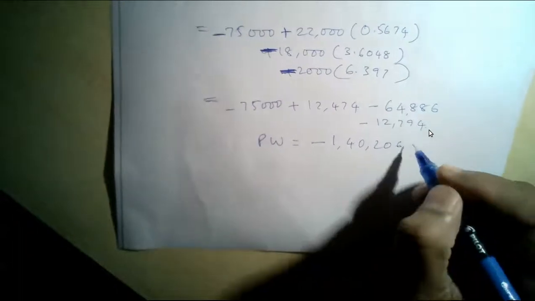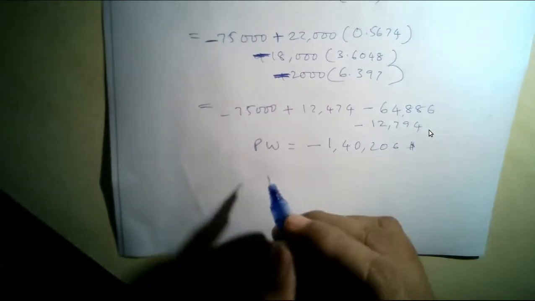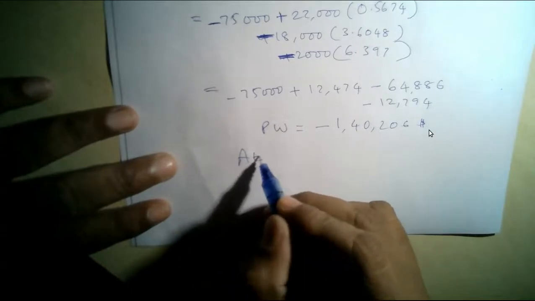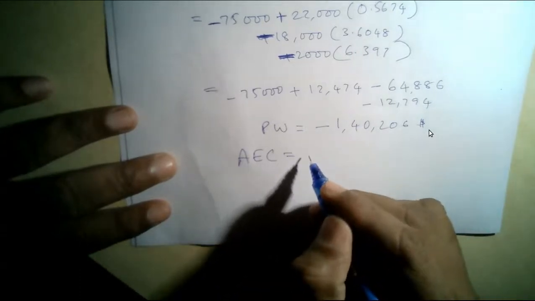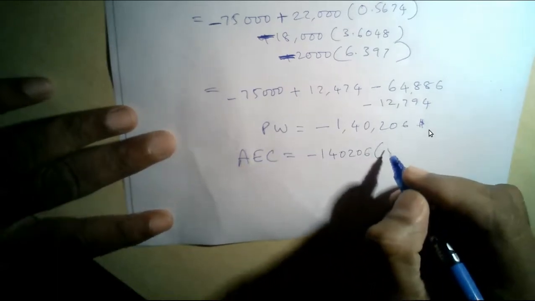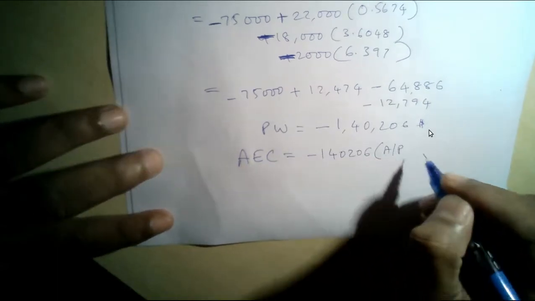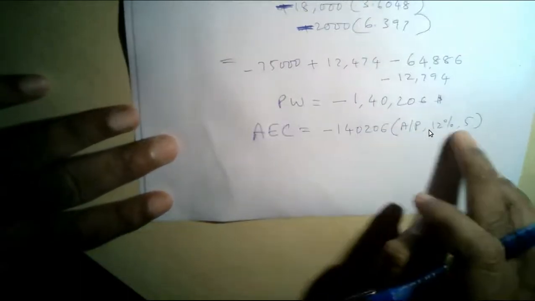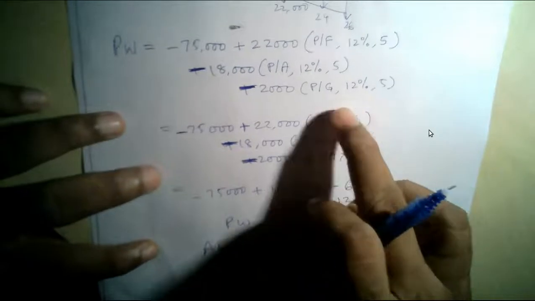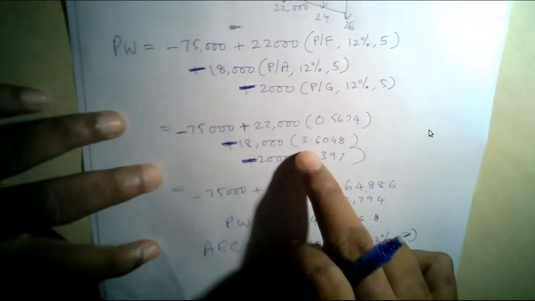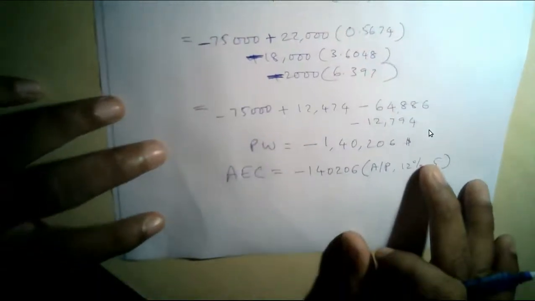This one I want to convert to A, the annual equivalent payment. The annual equivalent cost will be 140,206 multiplied by find A given P, at 12% for 5 years. I already have the P by A value here, 3.6048, so I will divide by that.